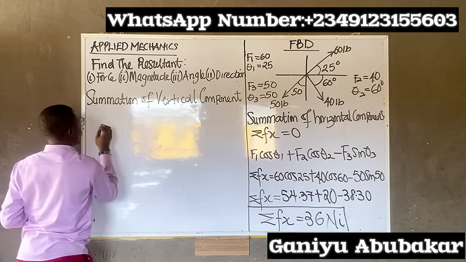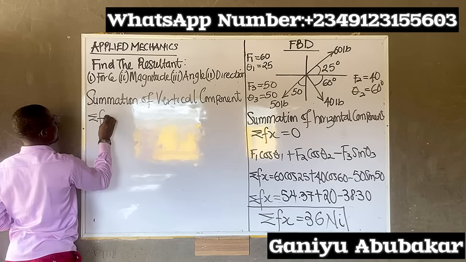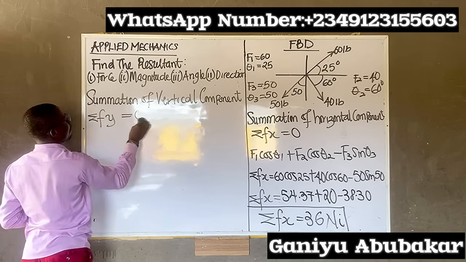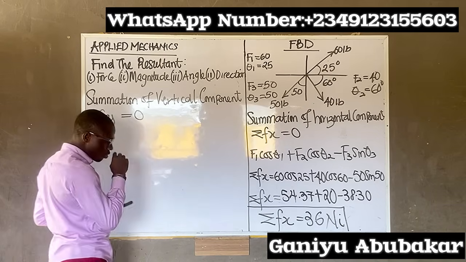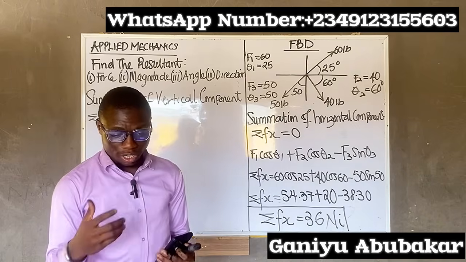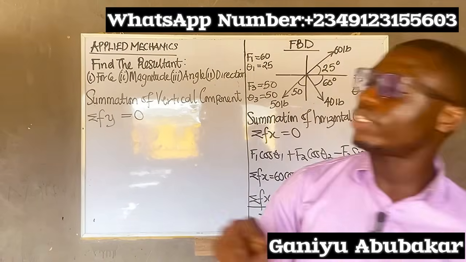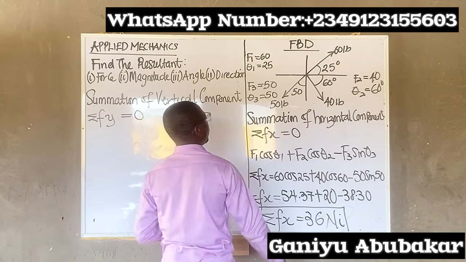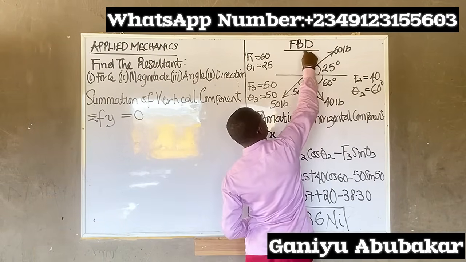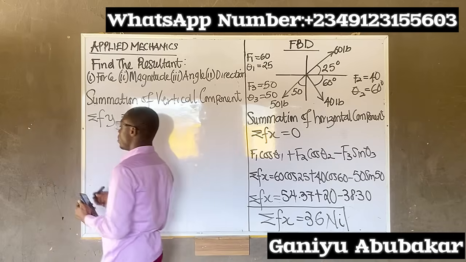That's of course summation of Fy equals 0. For Fy equals 0, I'm actually taking the forces to the vertical, right? From here, take F1 to the vertical. That gives you F1 sine, please.